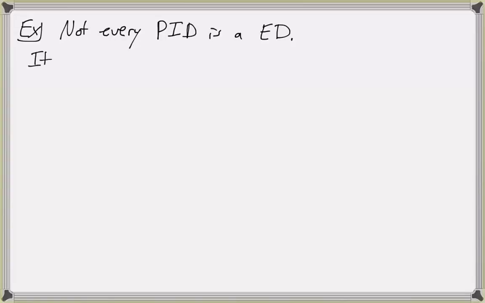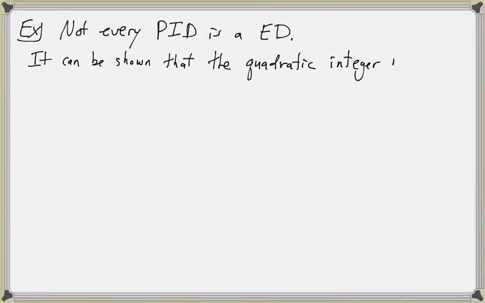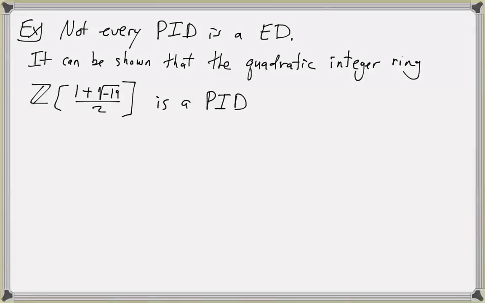We're not going to show all the details, but it can be shown that the quadratic integer ring Z adjoin (1 plus the square root of negative 19) all over 2 is a principal ideal domain that is not a Euclidean domain.